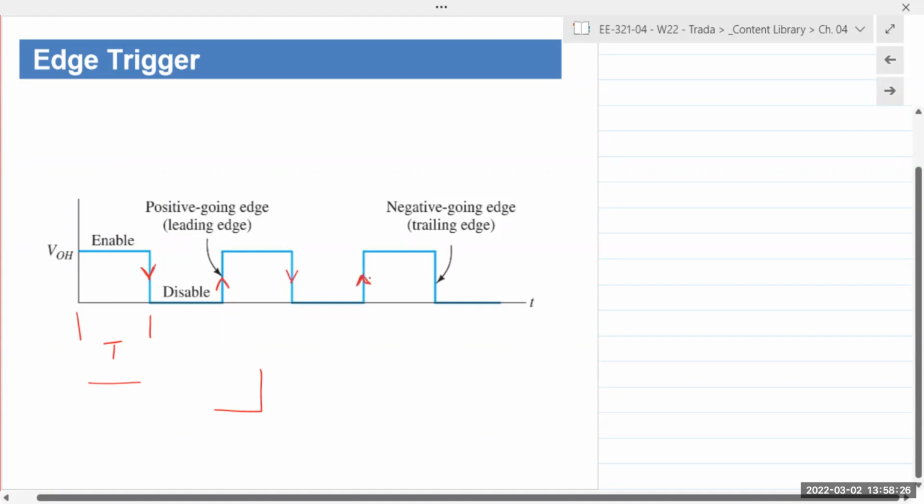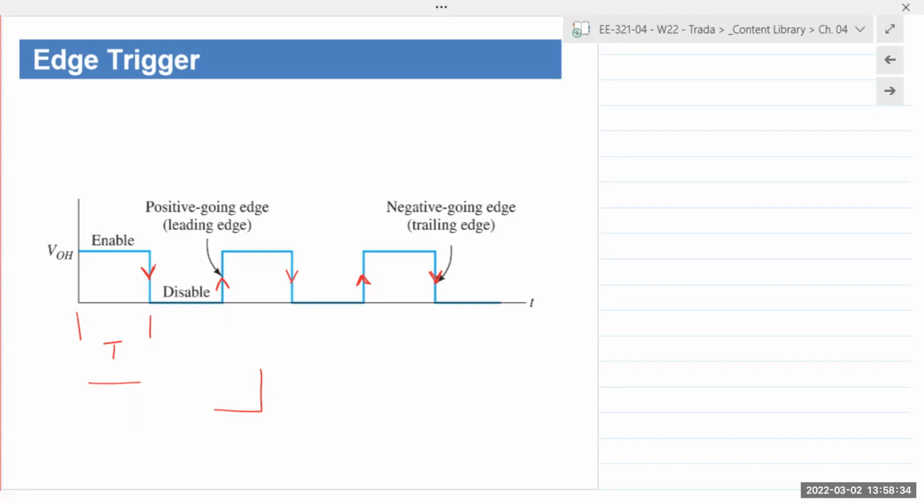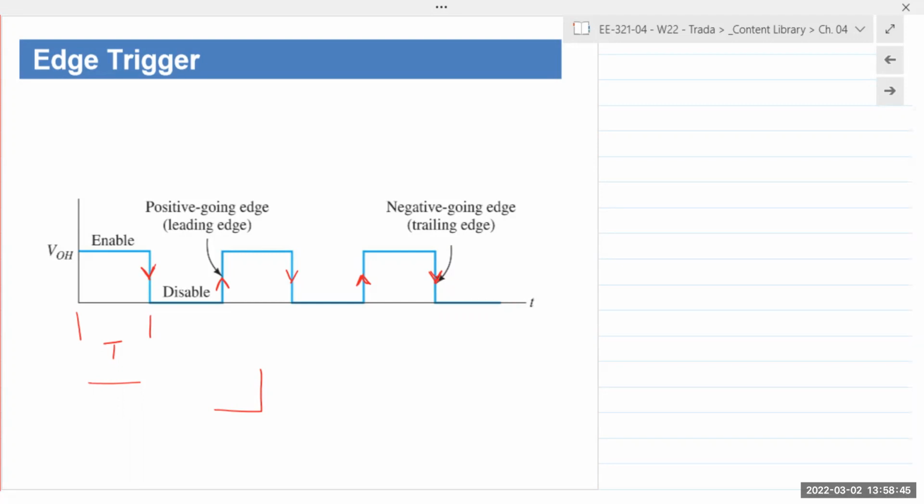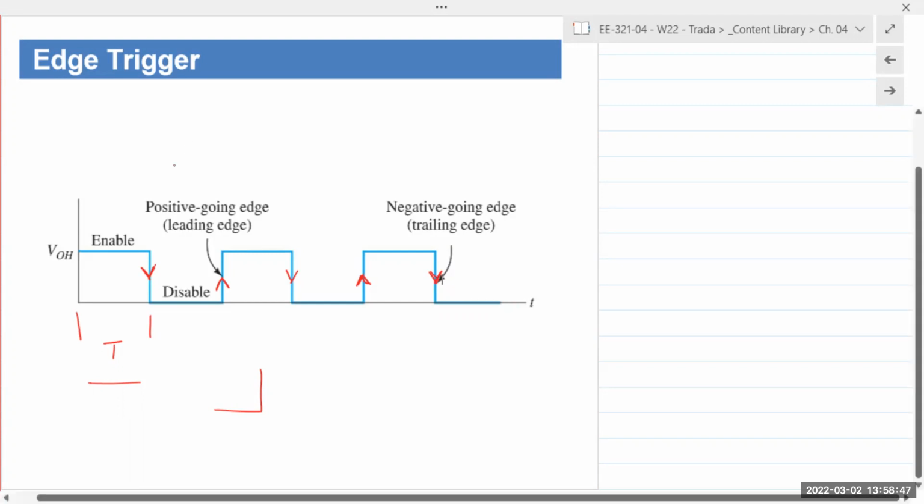This is going up. This is going down. So anytime it transitions from 0 to 1, we say it's going up, so we say it's a rising edge. If it's going down in value, meaning going from high to low, we say it's a falling edge. So rising edge and falling edge.